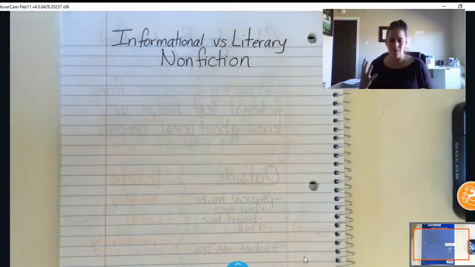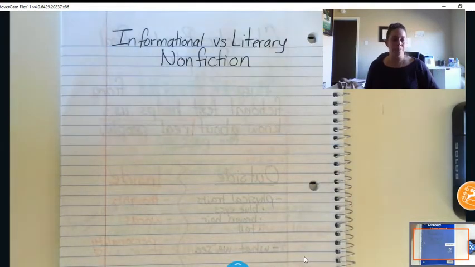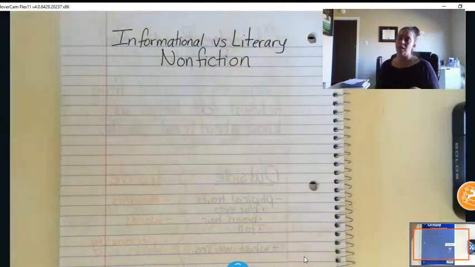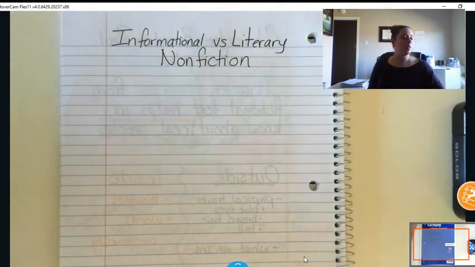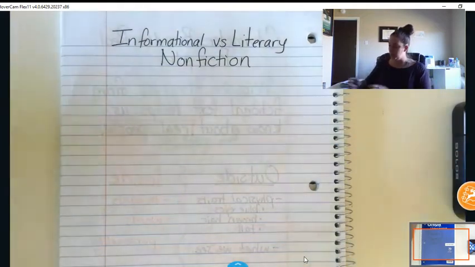And you're probably sitting there going, oh, Miss Rocky, what in the world is informational text? What is literary nonfiction text? Well, they're both nonfiction. So they're both based on true stories. So they're both about real events or real information or real people.